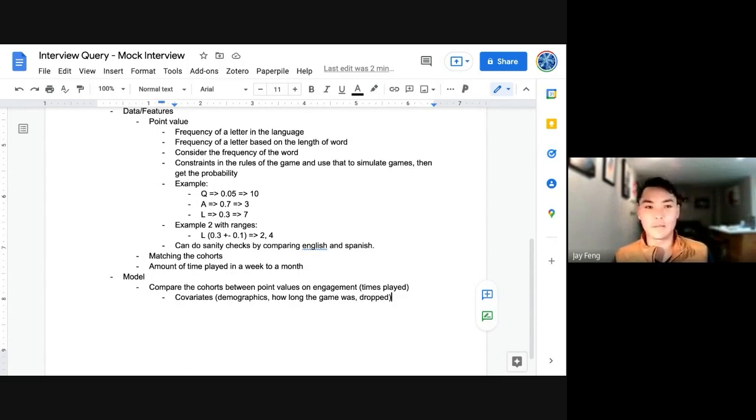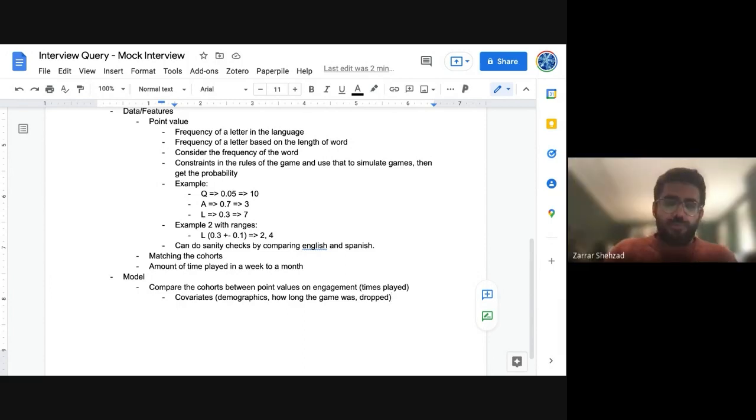The reason for you to replay Scrabble might not be entirely dependent upon the point value system that was created, and might be completely dependent on other things, such as the person you played against being really, really good, and you lost really badly, right?